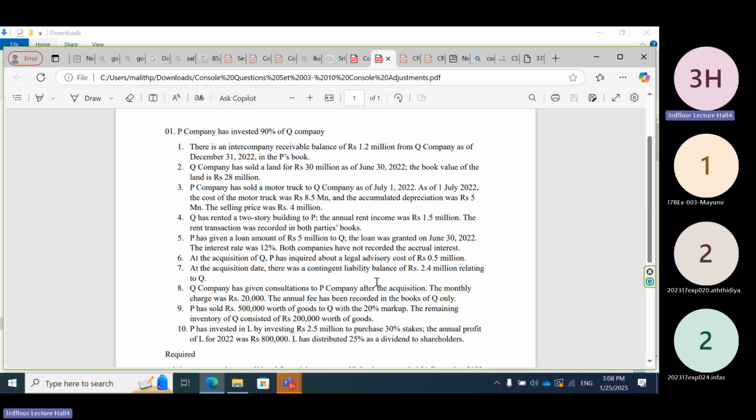Disposals and step acquisitions and deferred tax. Those are the areas we need to conclude. Then you have knowledge about consolidation. Only thing is you need to have a practice within short time how we can solve this and getting things done. It's really important. The speed is a critical factor once we are doing consolidated question. Keep in mind.